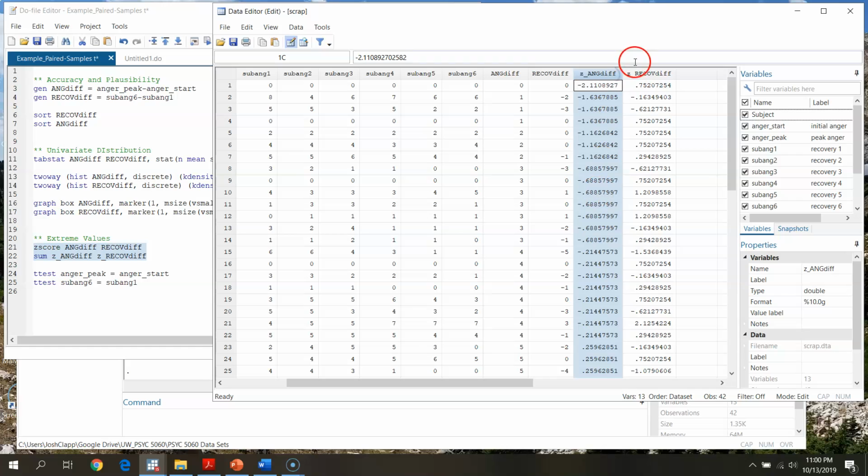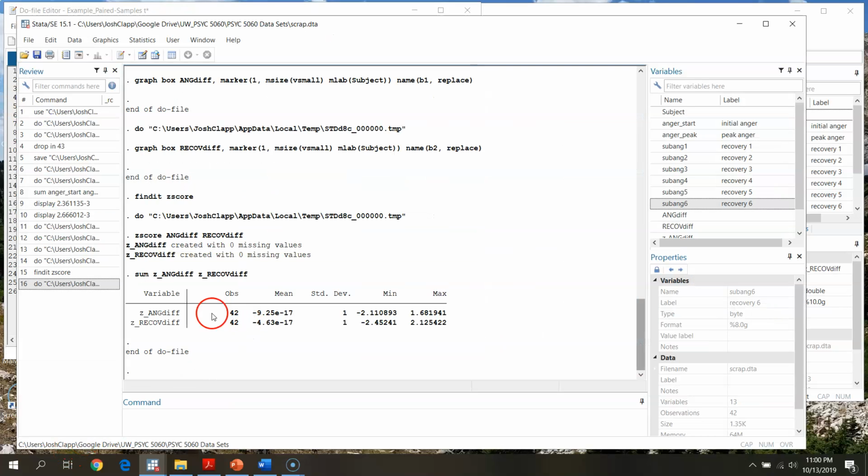Check, we see our z-scores for anger difference, z-scores for recovery difference. Take a look, and again, mean of 0, standard deviation of 1, and then minimum and max here. At the low end for anger differences during the anger induction period, we see a low score a little over 2 standard deviations below, to a max of about 1.7 standard deviations above the mean.